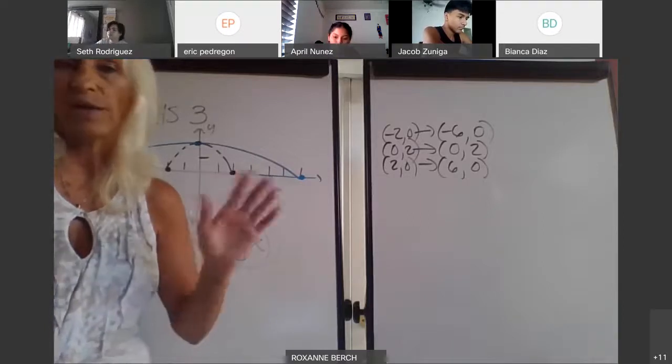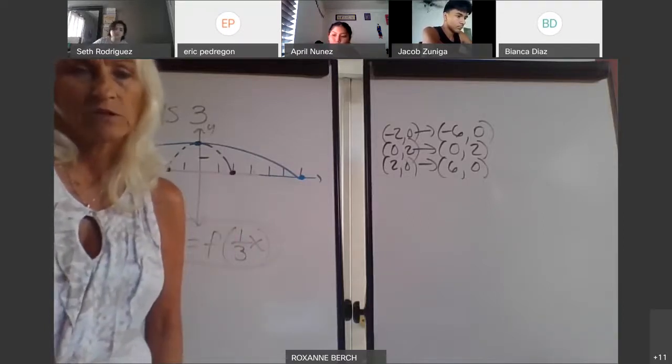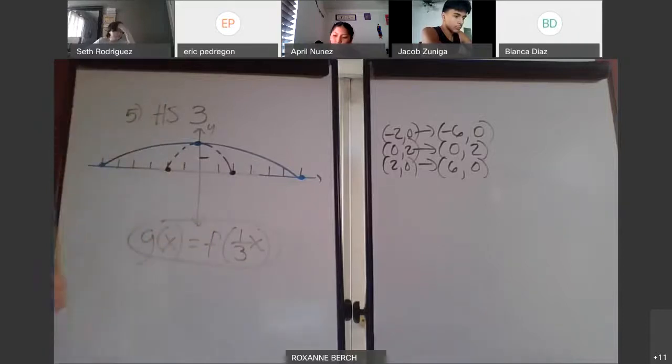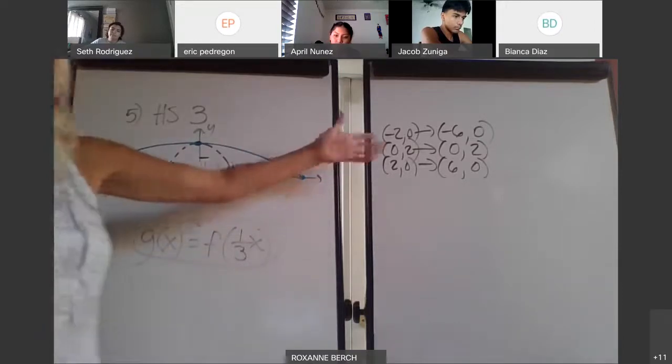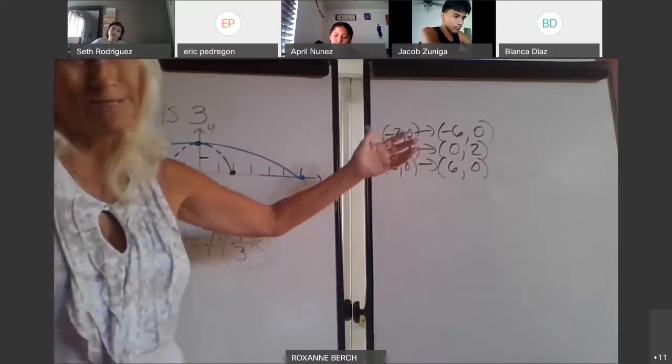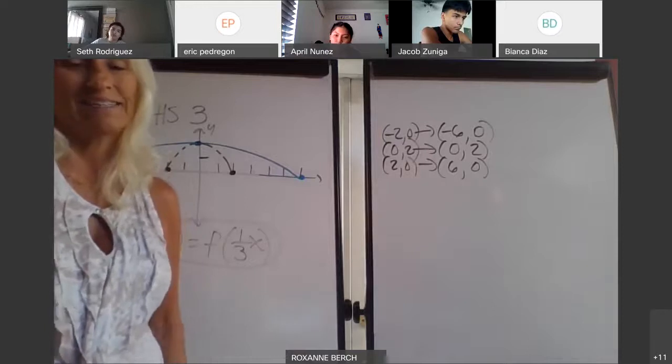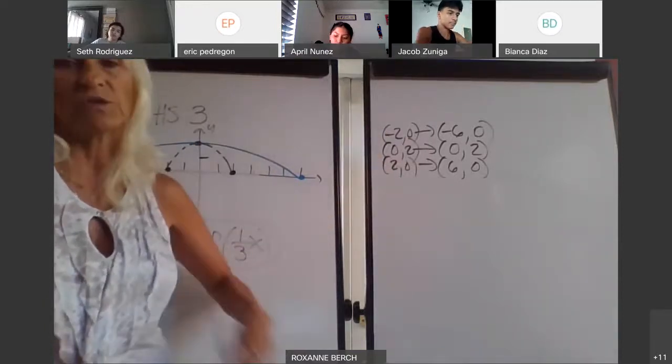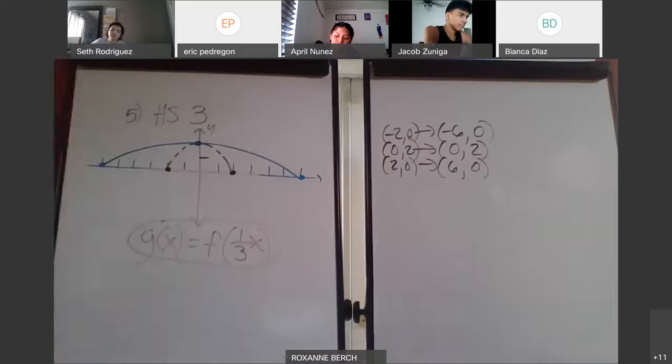This is not a calculator test, so make sure you're showing the point transformations. You got to get really good at these. These aren't always nice. Sometimes they're fractions. So I got to make sure that you guys know how to do this very well. All right. What else?